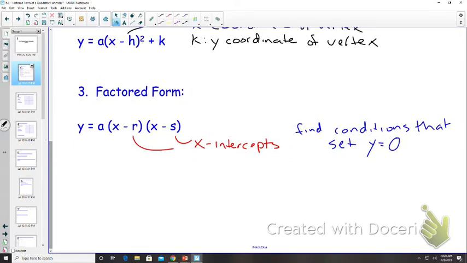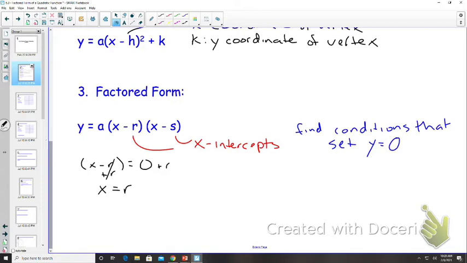When we're finding conditions that set y equal to 0, we're going to do that for each of these brackets. So x plus r is equal to 0, right? So x equals r, that would be our one intercept.